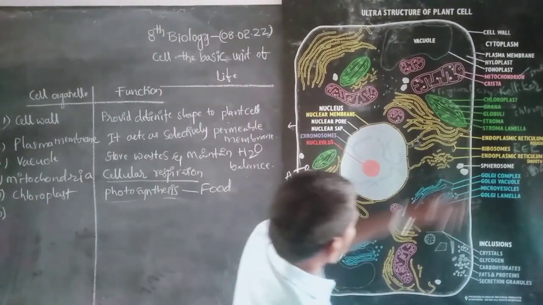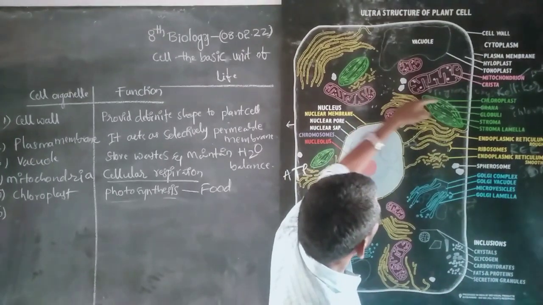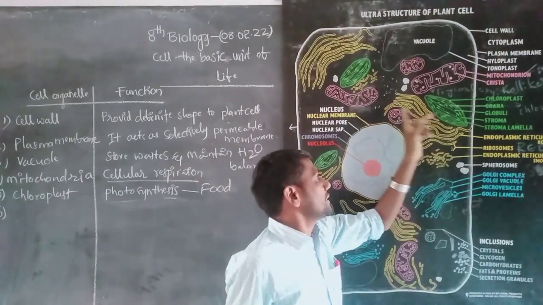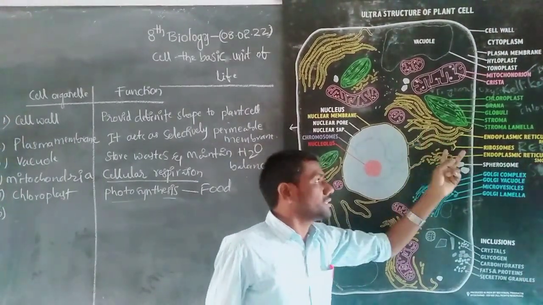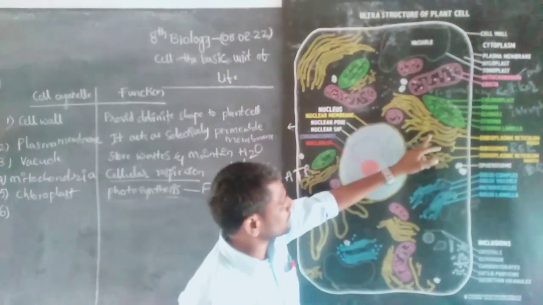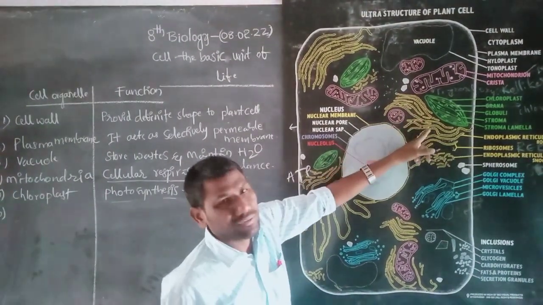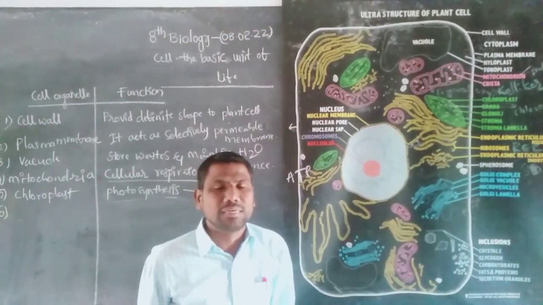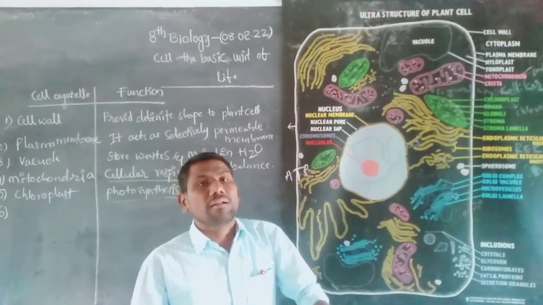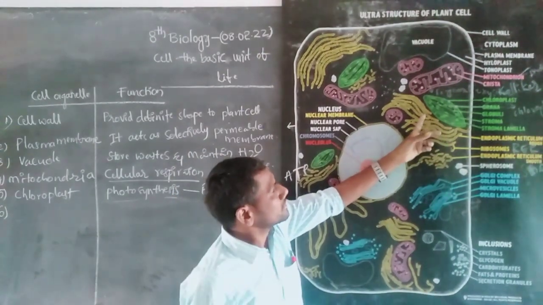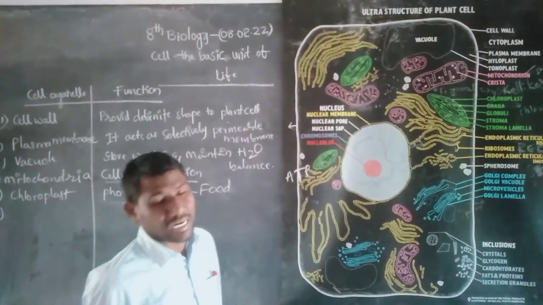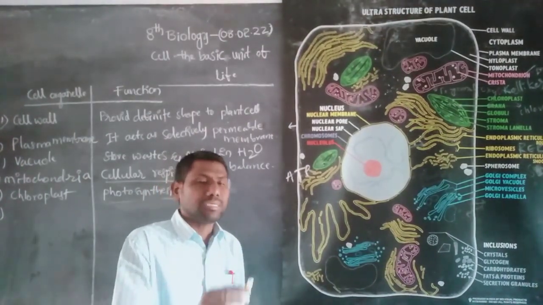Next, this chloroplast is followed by the next cell organelle, this network-like cell organelle. This is called endoplasmic reticulum. On this endoplasmic reticulum, there are small granules called ribosomes. The endoplasmic reticulum which contains ribosomes on its surface is called rough endoplasmic reticulum.